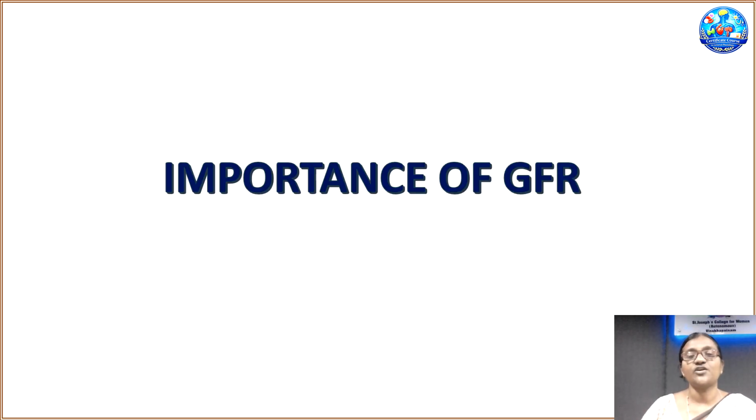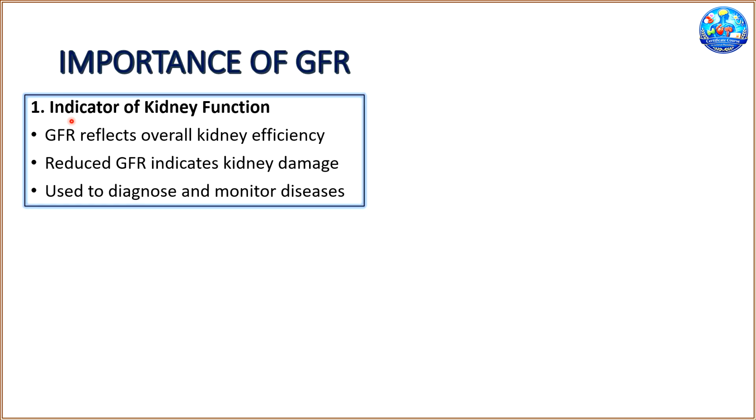Now let us understand the importance of glomerular filtration rate. First one is indicator of kidney functions. GFR is considered as the most reliable indicator of the functioning of a kidney.